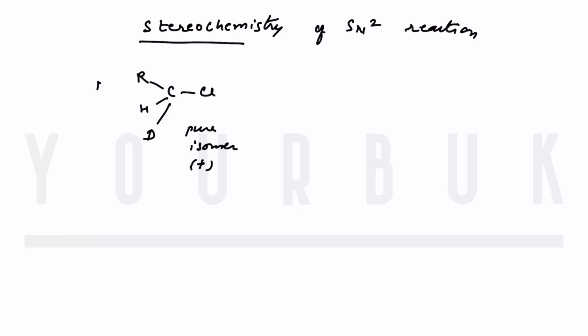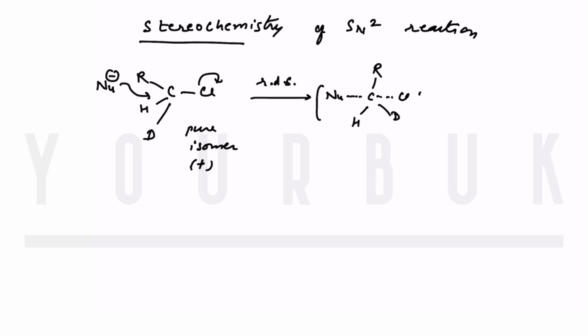Now, this is my nucleophile, which attacks the carbon from the backside and results in the loss of chlorine. This is the rate determining step: the arrival of the nucleophile and the departure of chlorine both take place simultaneously.